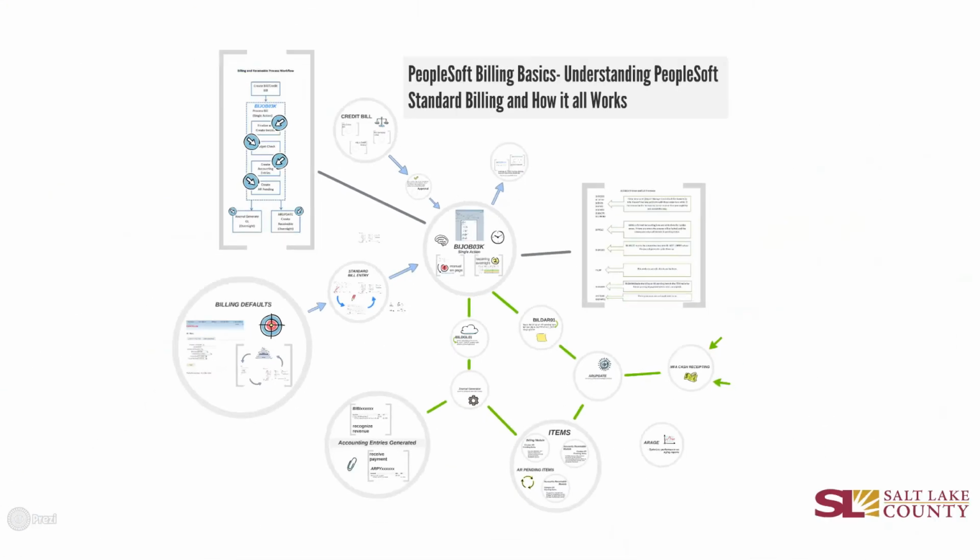So that is the nuts and bolts of PeopleSoft standard billing. And we've already kind of recapped as we've gone along, but I'll just do one last recap. We talked about, in general, the processes that work behind the scenes for standard billing. We talked about how to create a bill in the system. We discussed the BI Job 03K process, how we can run that manually, or we can let it run overnight.